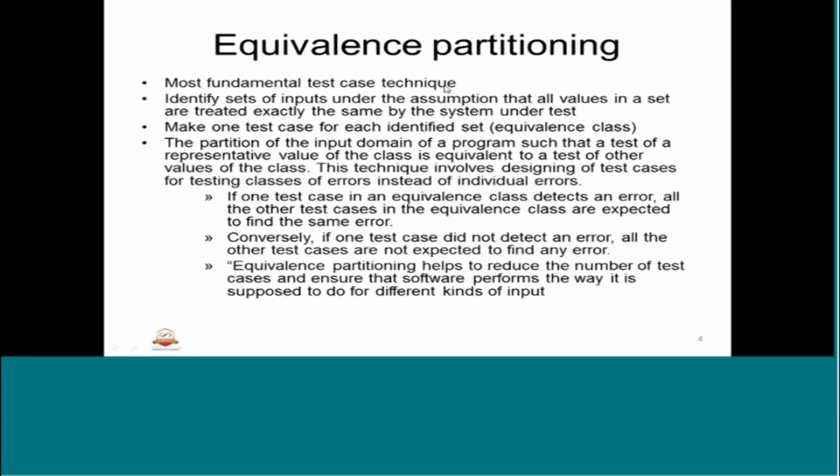Equivalence partitioning is the most fundamental test case technique. Irrespective of whatever software testing you want to do, this is a mandatory testing technique that they adopt. So we identify the sets of inputs which are treated the same. The next one is to make one test case for each identified set.